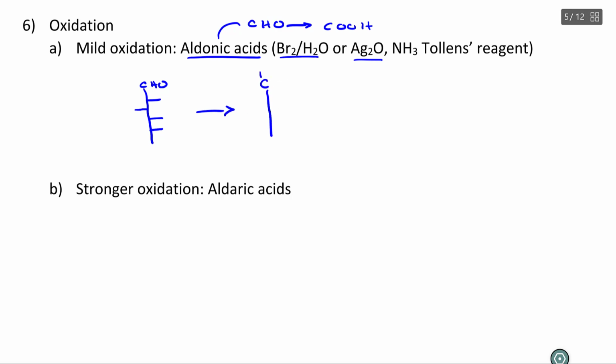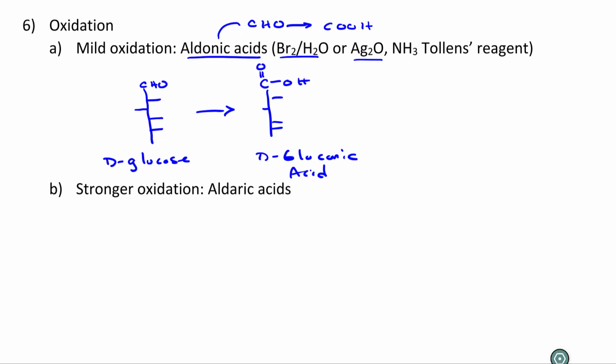And I'm going to draw out the structure just to remind you what it is. So this is known as an aldonic acid. This one in particular because it comes from D-glucose. This is D-gluconic acid. Okay, it's a carboxylic acid form of the sugar.